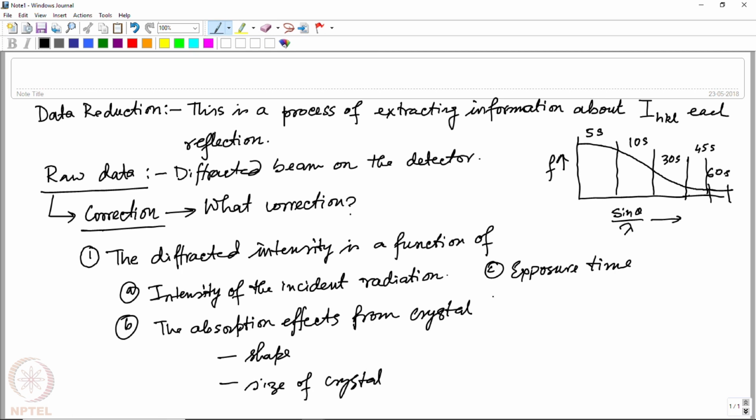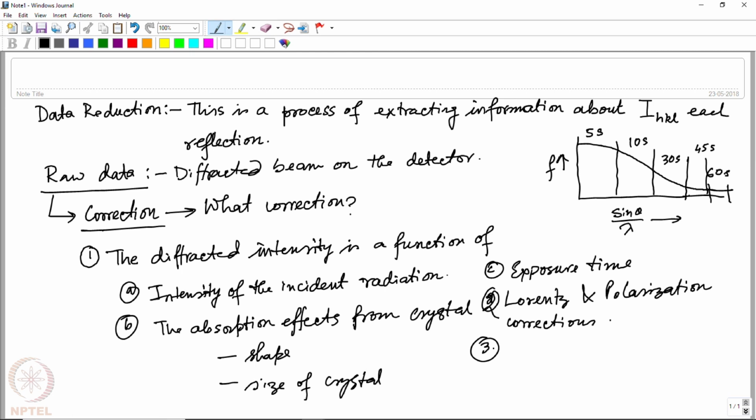There are other corrections which I am just writing here, we will talk about them soon. D are Lorentz and polarization corrections. This I probably should number as point number 2.